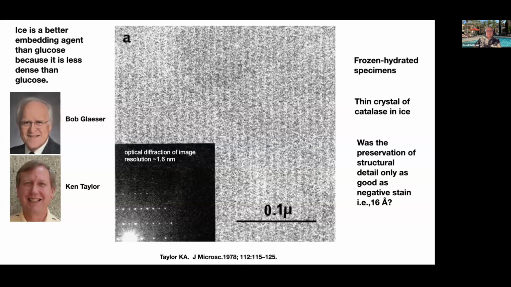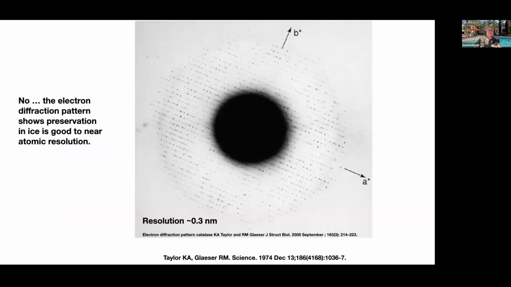So the question was, was the preservation only as good as negative stain, about 1.5 nanometers? And they took electron diffraction patterns of these same samples, and they could in fact see reflections out to near atomic resolution. So the problem was not the preservation in these crystals, but in fact it had to do with the microscope itself.